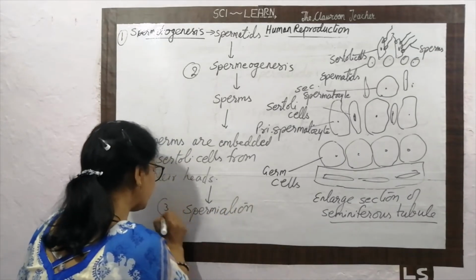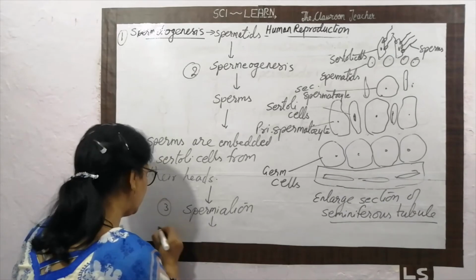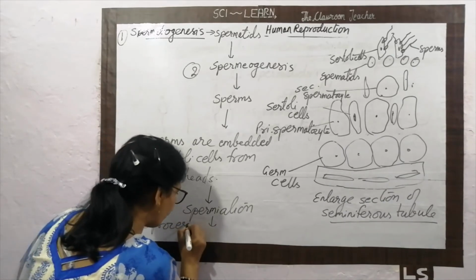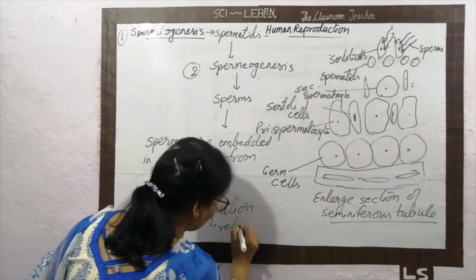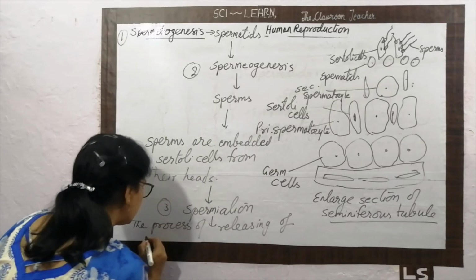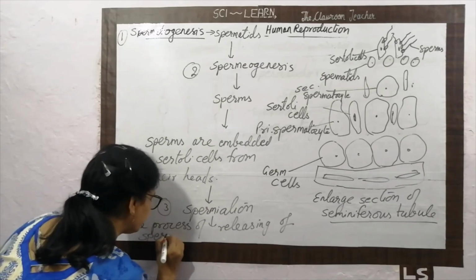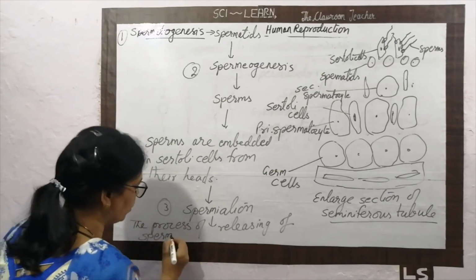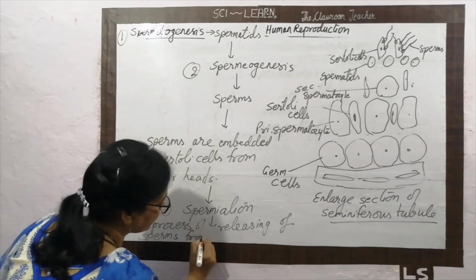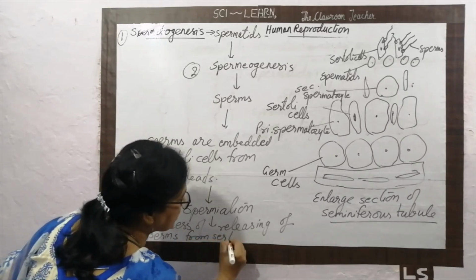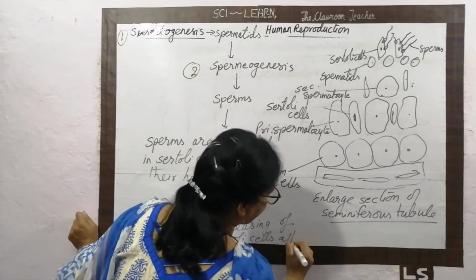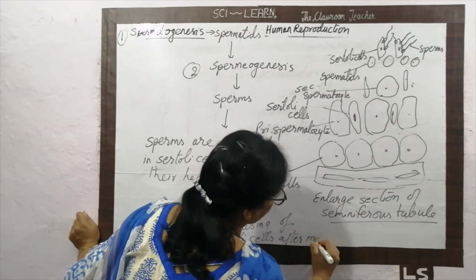So there are three steps. What is spermiation? The process of releasing of sperms from Sertoli cells after maturation.